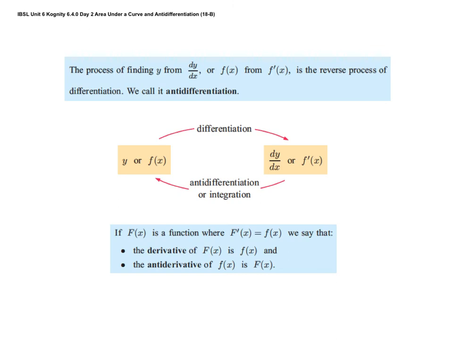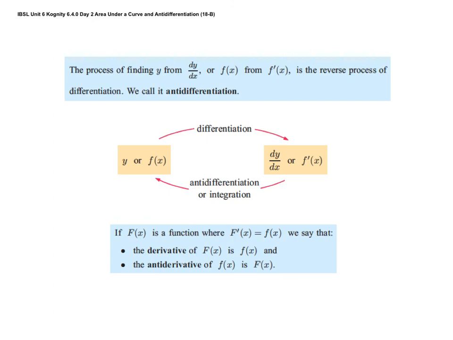So we see here, that was the geometric side. The algebraic side of all of this is that these are kind of inverses. And I say kind of inverses because, as we'll see, if we have the derivative and we take the antiderivative or integral, it will take us back to a function.